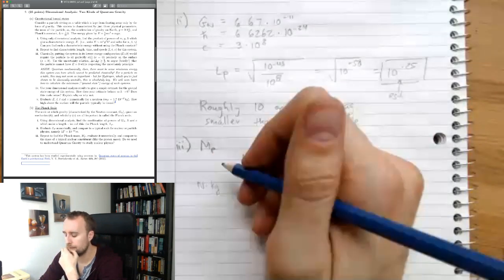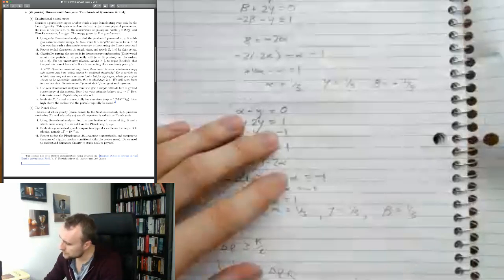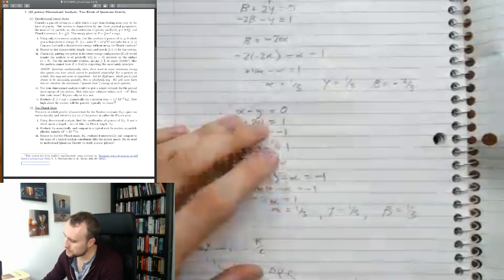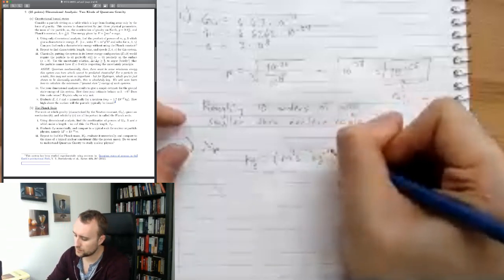All right, let's see what it was. Oh, okay, so it was meters cubed, seconds to the negative 2, kg to the minus 1. Was that right?